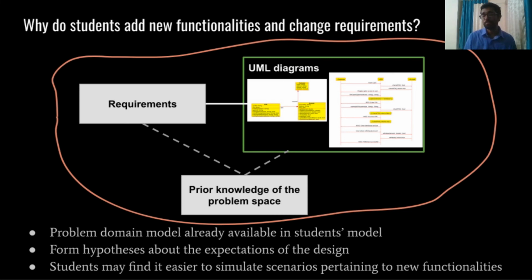When they observe that there is a mismatch between their hypothesis and what is present in the design diagrams, they flag these as defects, and hence they add new functionalities into the design. Students may find it easier to simulate scenarios pertaining to these new functionalities rather than deeply explore the design to identify semantic deficiencies.